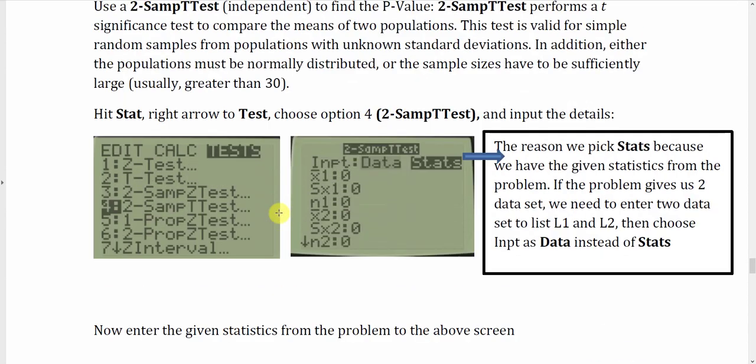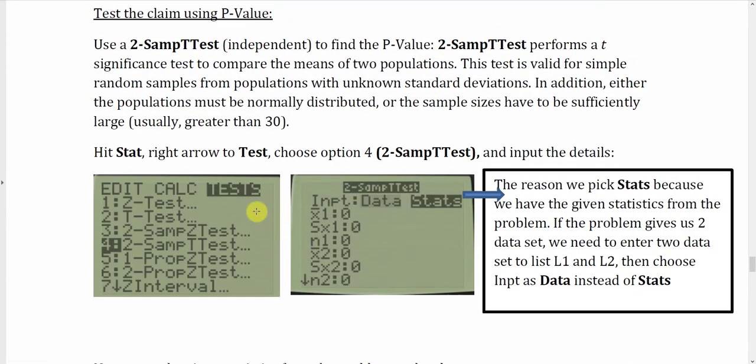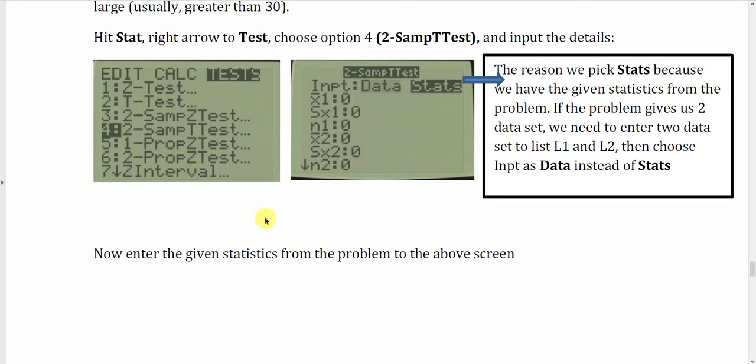A lot of technology, including the TI-83 or 84, displays the p-value. That's why the p-value is popular, because you can check it from the technology. Okay, that is the end of this section, and in the next section we will learn about the dependent sample. Thanks for watching.